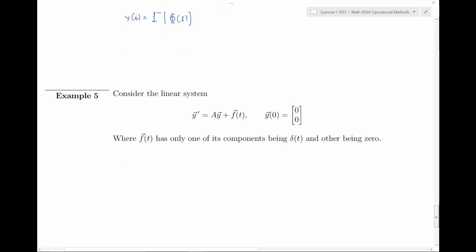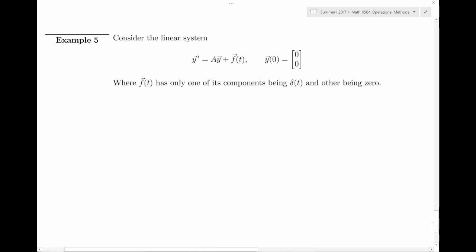We have a similar effect on systems of linear equations. Suppose f of t has only one of its components to be a delta function. What would be the effect of applying this to the system? If we use the Laplace transforms, the Laplace transform of f of t is going to be 1, 0 in this case.